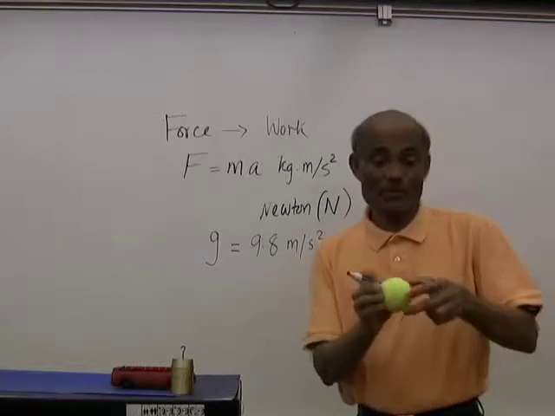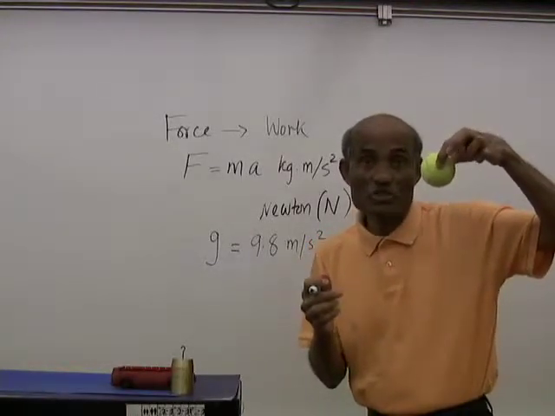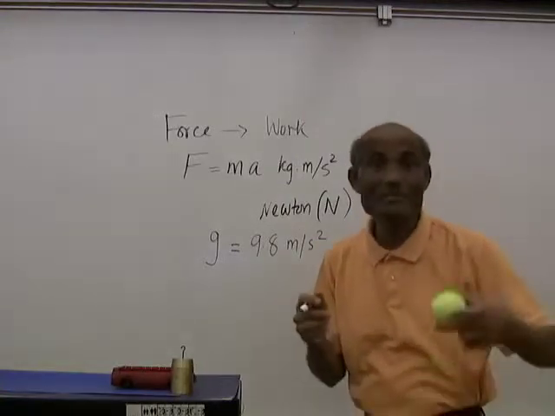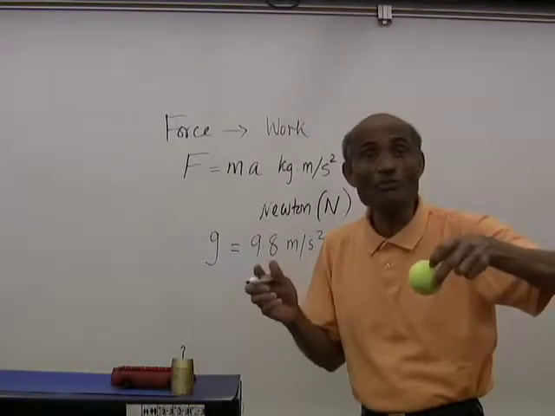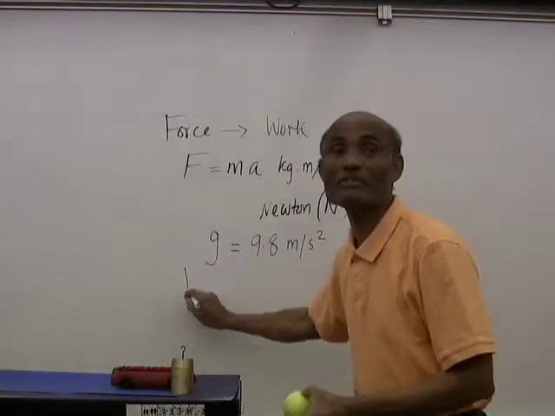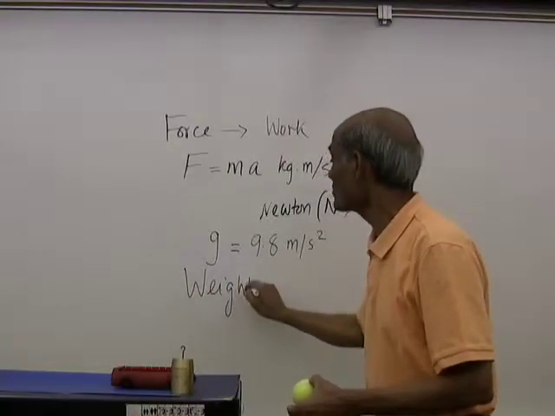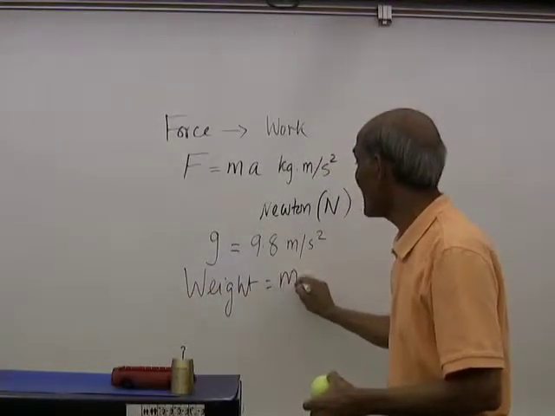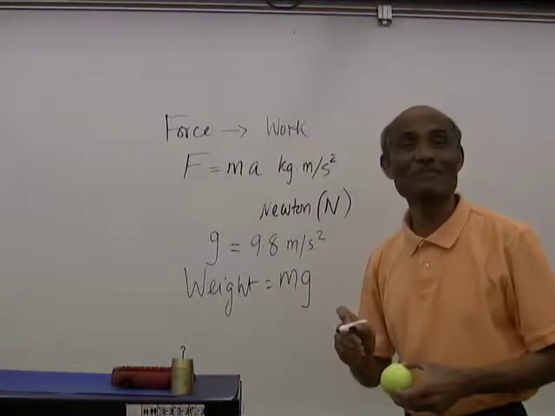That means the pull of gravity can produce an acceleration of 9.8 meter per second squared on any falling object. And therefore, what is the weight of an object? The weight of an object is mass multiplied by acceleration due to gravity.